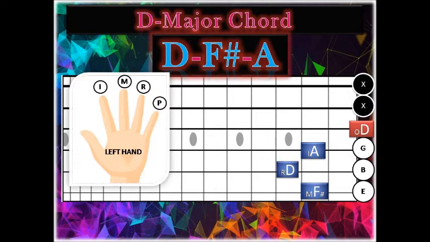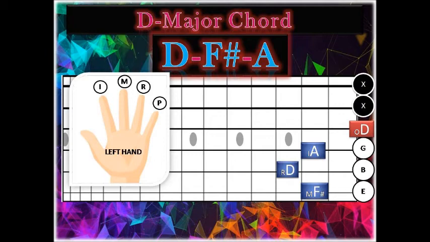We let it play. But X or cross means we have to mute. There are several muting techniques that we will learn when we reach our strumming lessons. But for now, we can simply understand it as not touching the strings, meaning not to play it.